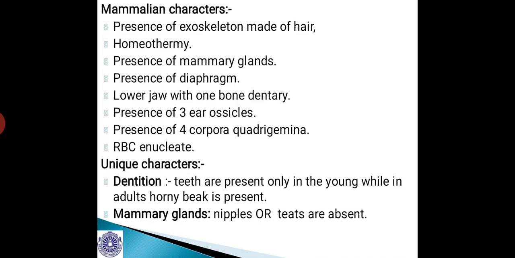Then coming to some unique characters: one is dentition, wherein teeth are present only in the young ones, while in adults a horny beak is present. The second one, mammary glands are without nipples or teats, so these are absent in prototherians.